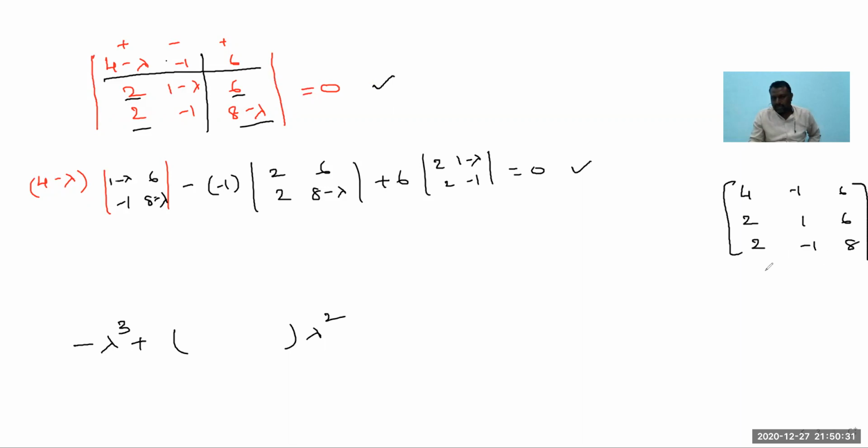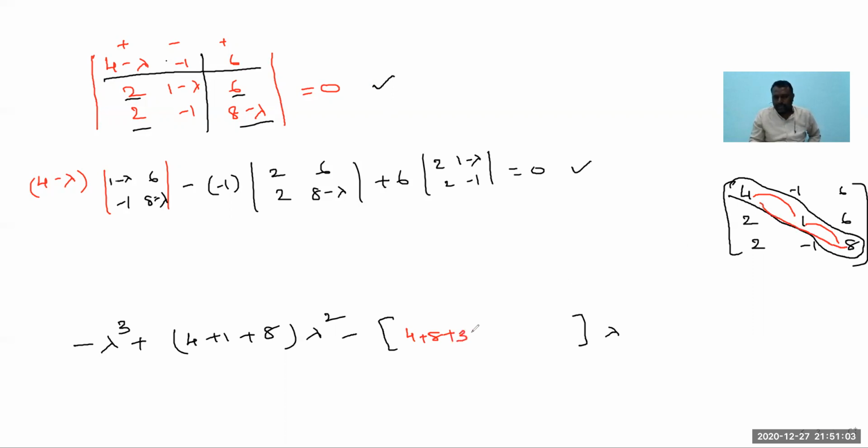Now see here. The shortcut method always starts with minus lambda cube, and you add the diagonal elements. The diagonal elements here are 4 plus 1 plus 8, lambda squared. Minus lambda times the sum of the minors of the diagonal: 4 ones are 4, plus 1 8s are 8, plus 8 4s are 32.